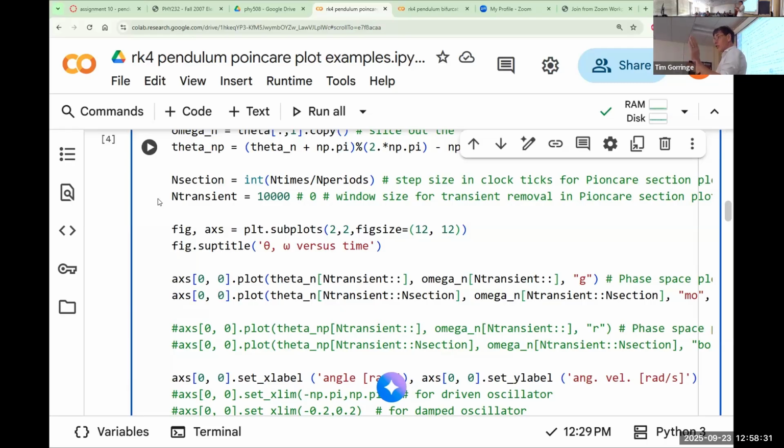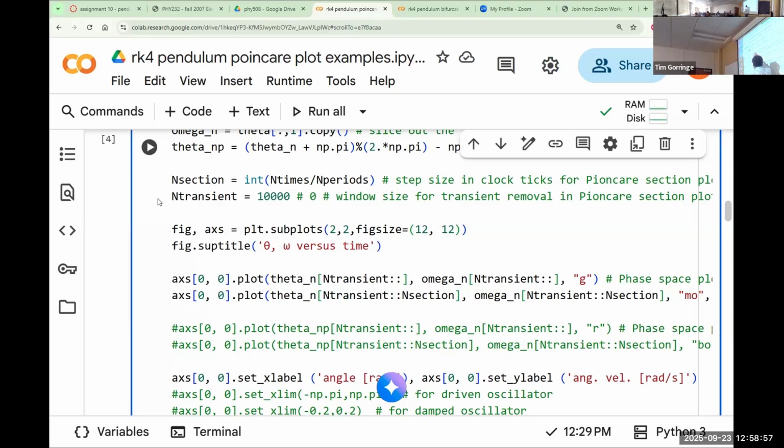So there's a certain number of clock ticks between periods, and it's only at intervals of those clock ticks that I want to look at the coordinates of the pendulum. So that's going to be helpful when I slice out the positions of the pendulum at these natural period intervals.